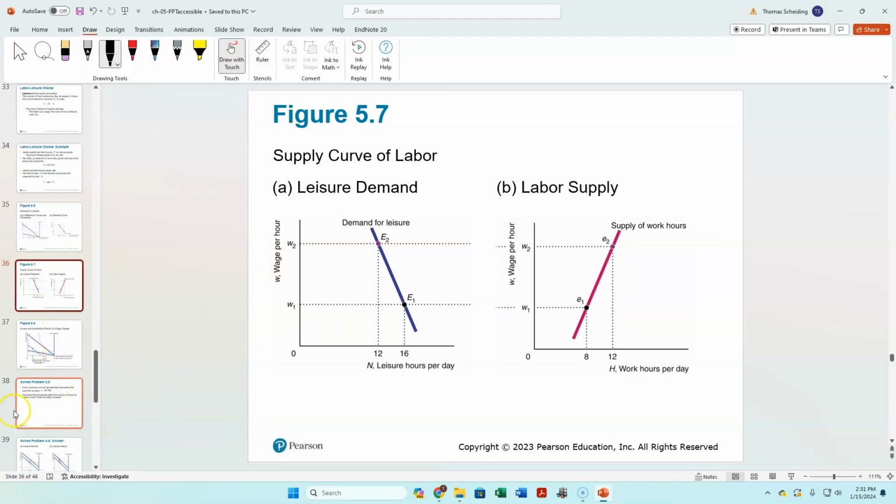Okay, I'm going to pause for a moment here. And so what we see here is this exact same idea that as the wage changes, people change how much leisure they're going to both demand as well as supply. What we generally see is that people work more when their wage goes up, and then they're also not able to enjoy as much leisure.